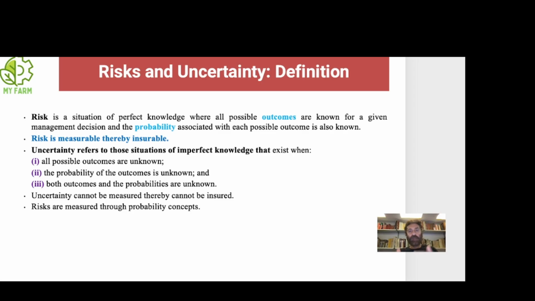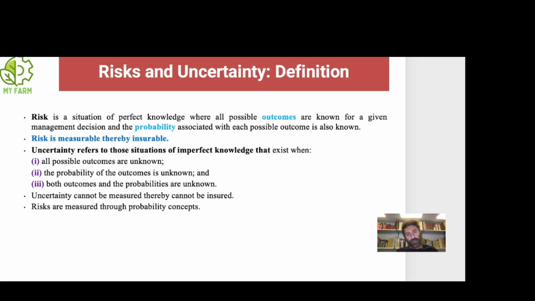Risk is an environment where we have perfect knowledge, where all possible outcomes are known for a given management decision, and for each possible outcome we have a linked probability, drawn from the observation of the past. So we can build a probability distribution by observing what happened in the past.